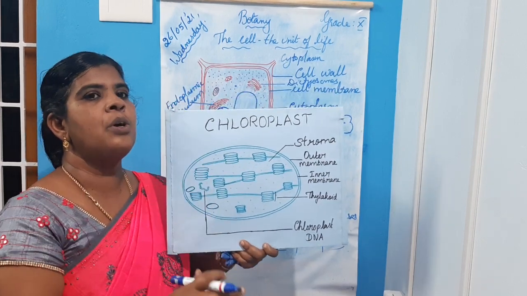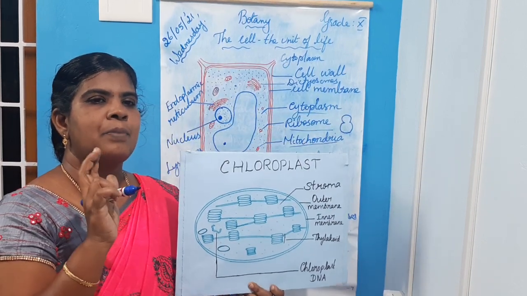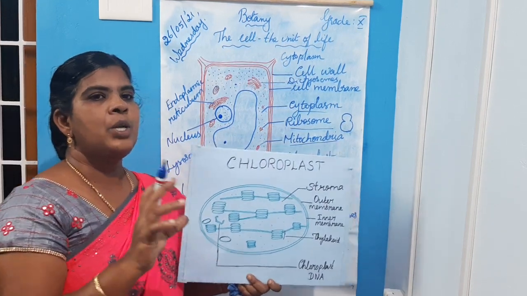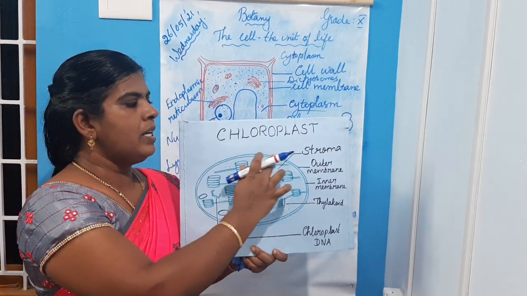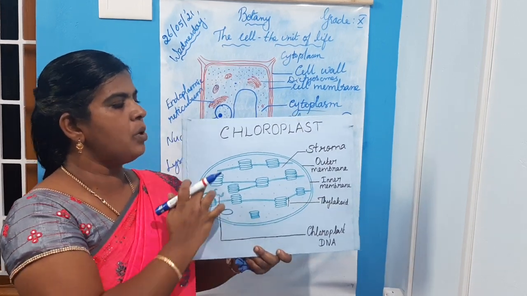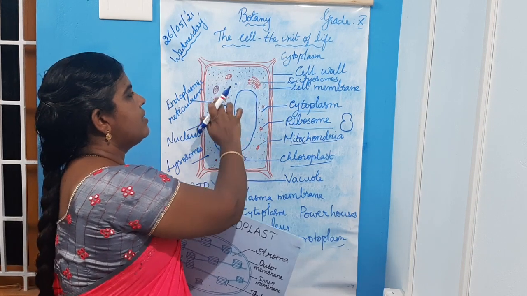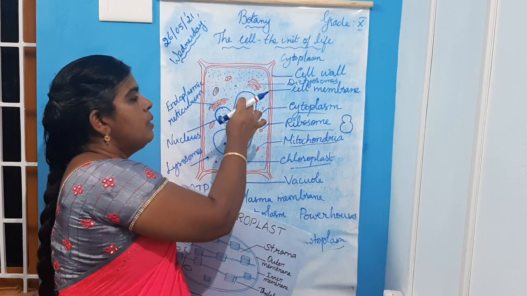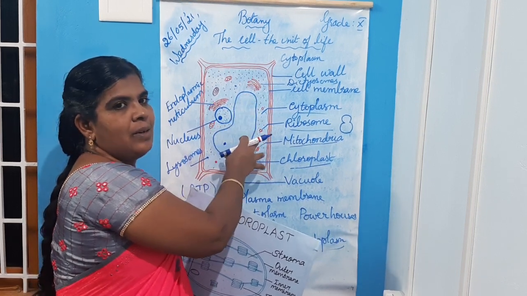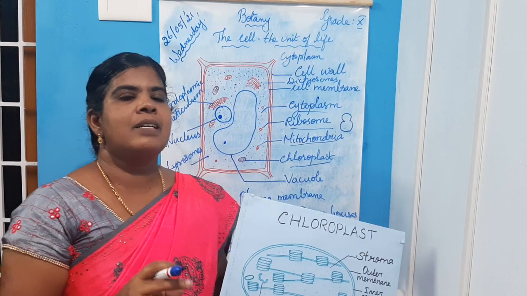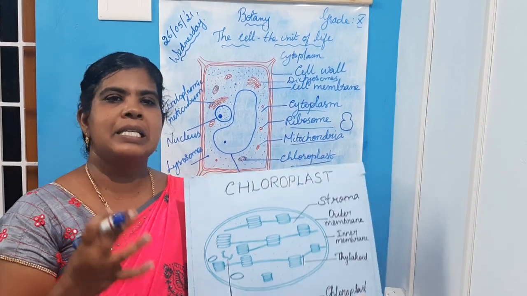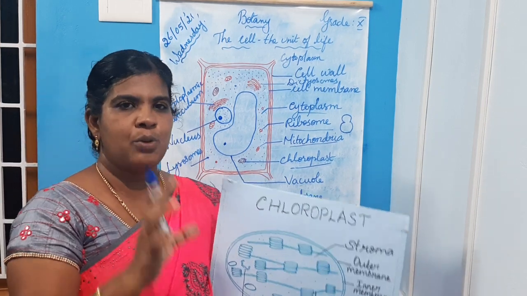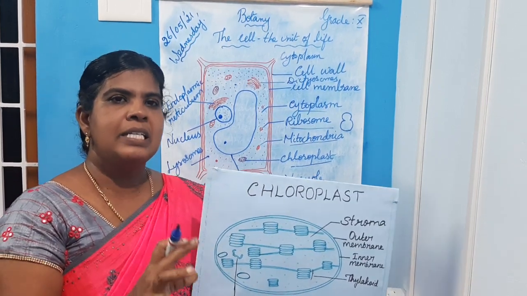I already told you there are two types of cells based on cellular organization, prokaryotic and eukaryotic. Eukaryotic cells have membrane-bound organelles; each and every organelle is bounded by a membrane. This is a eukaryotic plant cell. A prokaryotic cell, for example a bacterial cell, has no definite membrane around the nucleus.